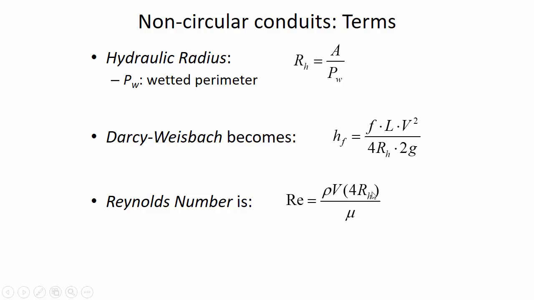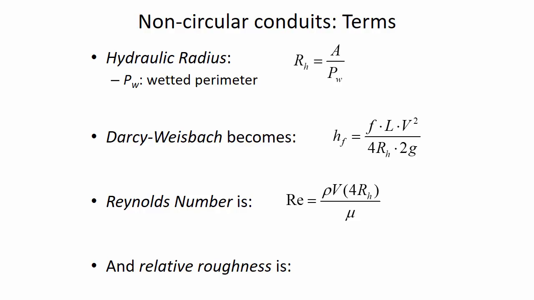Or the one that I use more often than that version, you've seen me say Reynolds number is V times D divided by kinematic viscosity. So if it's a non-circular conduit, then it's the velocity times 4 multiplied by the hydraulic radius divided by the kinematic viscosity. So it's just a simple substitution.